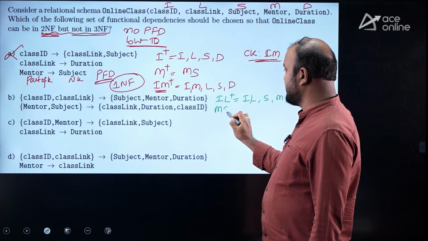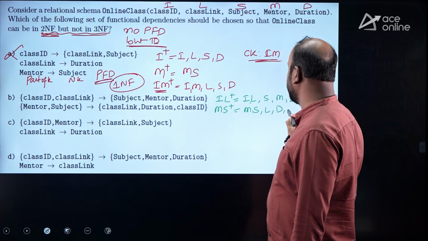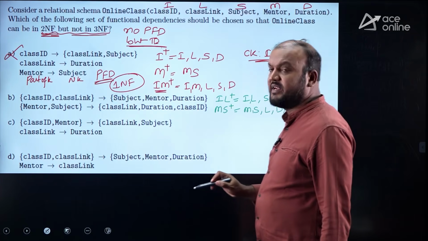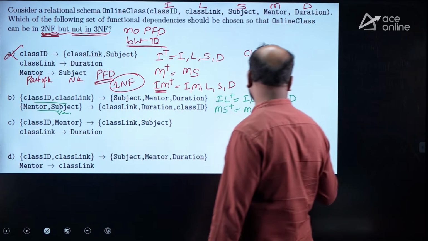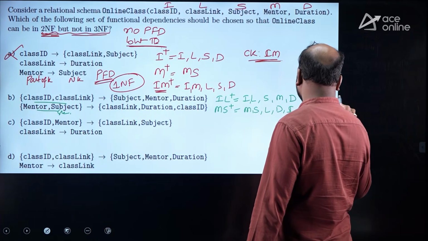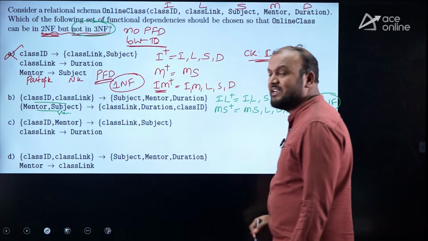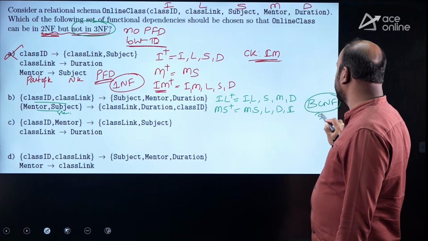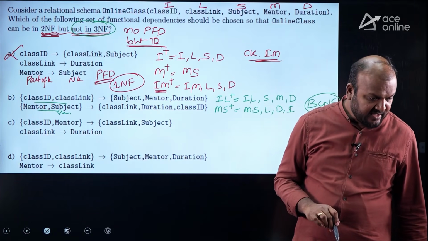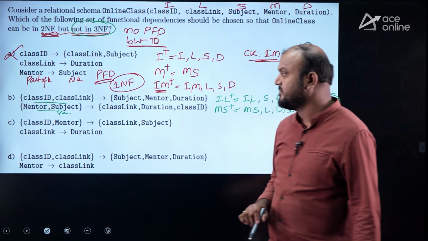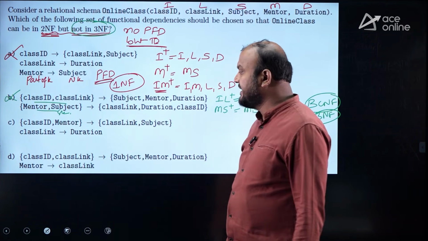When I am taking MS closure, I am going to get M, S, class link, duration, class ID. I am getting all. Means for both of them, left hand side is a super key. So therefore the relation is in BCNF, right? But it said clearly it should not be in 3NF. If it is BCNF, it is also in 3NF. So option B is incorrect, because BCNF means it is also 3NF. And 13% of the students also selected option B. So B is also wrong. And look at option C.